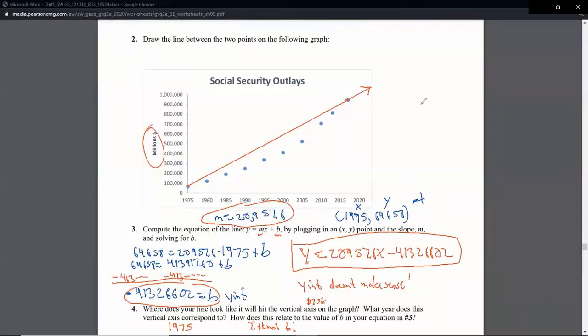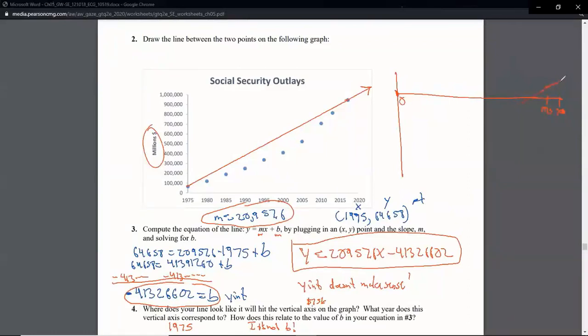So what I'd like to do really quickly is show you what this line would actually look like. Somewhere way over here is 1975 and somewhere about the year 2000, and this is about the points that we have right there. Then over here, this will be the year 0.